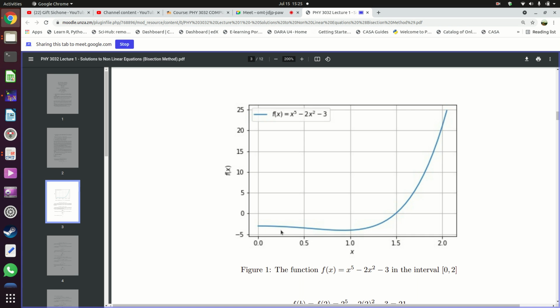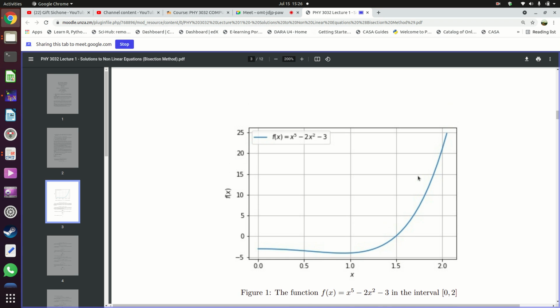Since in this bracket there is only supposed to be one solution, you find out what's the value of the function at A, you find out what the value of the function at B. If the value of the function at A is positive and the value of the function at B is positive, then it means that throughout this bracket, the function is positive. Now, in this case, the value of the function at A is negative and the value of the function at B is positive. It means that the function has somehow crossed the x-axis. Are we clear?